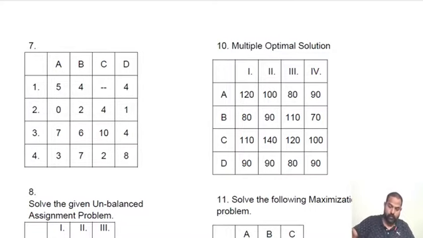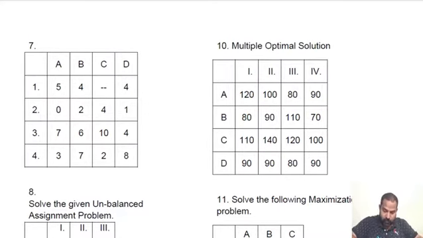So, question number 10. 1, 2, 3, 4. And A, B, C, D. 120, 80, 110, 90, 100, 90, 140, 90, 80, 110, 120, 80, 90, 70, 100 and 90.